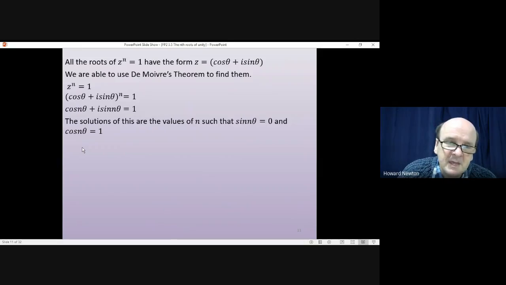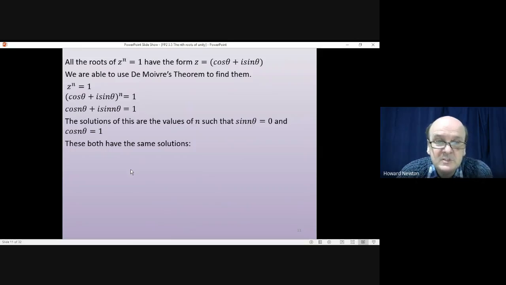And the reason for that is this imaginary part on the left-hand side has to equal 0 because there is no imaginary part on the right-hand side. So therefore, sine n theta must equal 0. And that just leaves us with cos n theta equals 1.